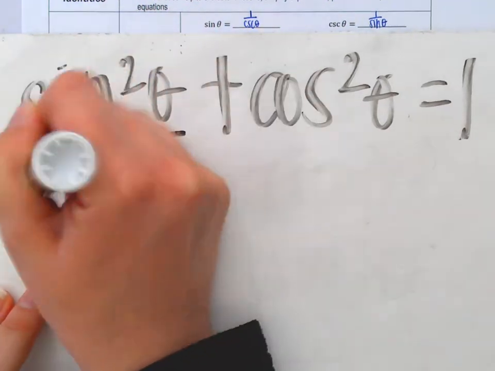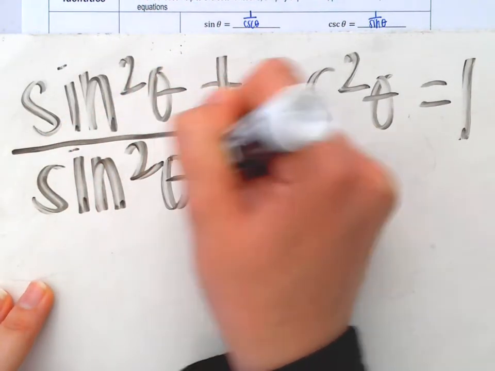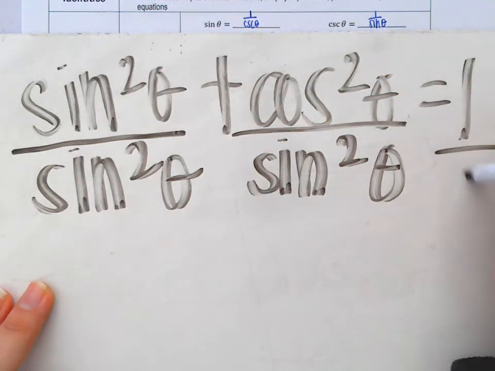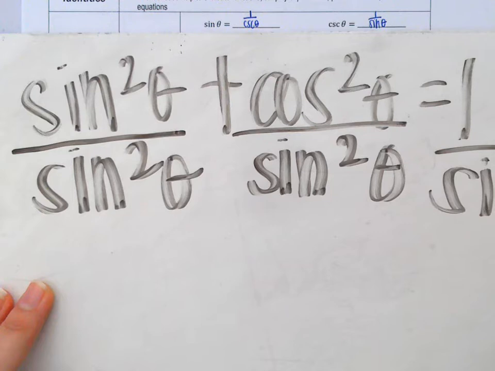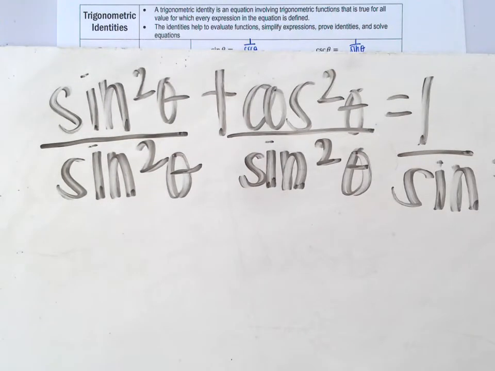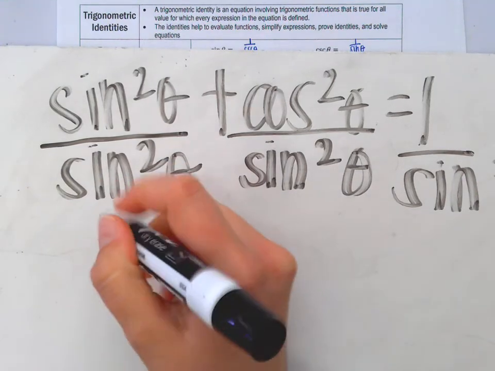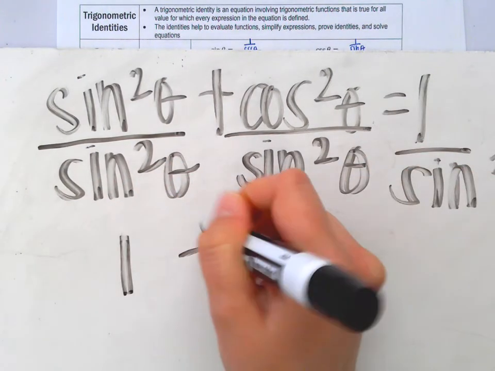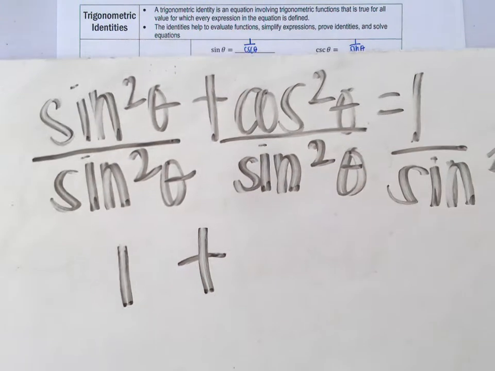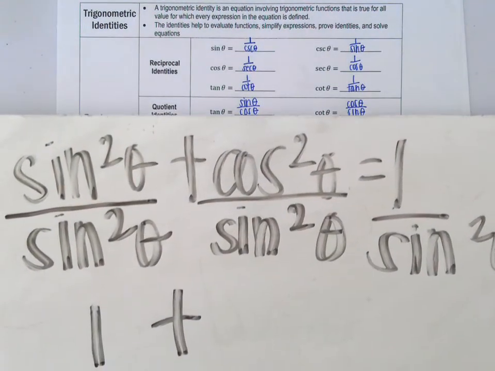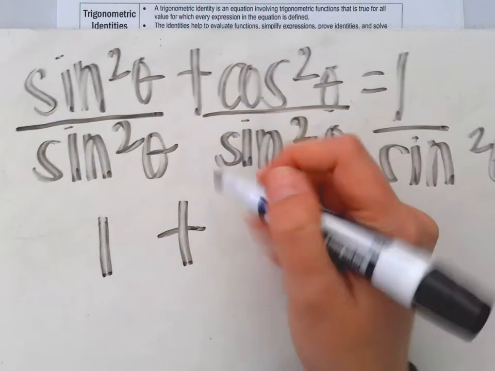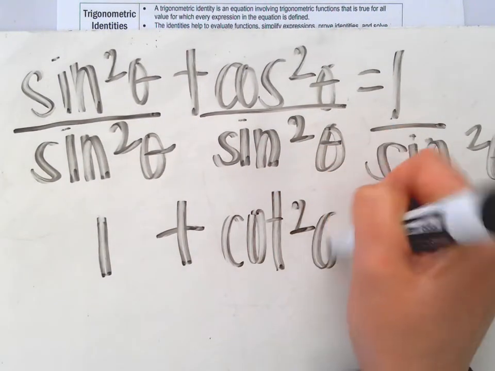What if I divided everything through by sine squared theta? Sine squared theta over sine squared theta is 1. Cosine squared theta over sine squared theta, well, cosine over sine is cotangent, and so this becomes cotangent squared theta.